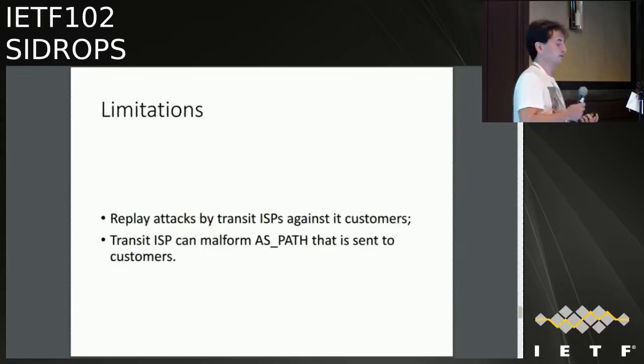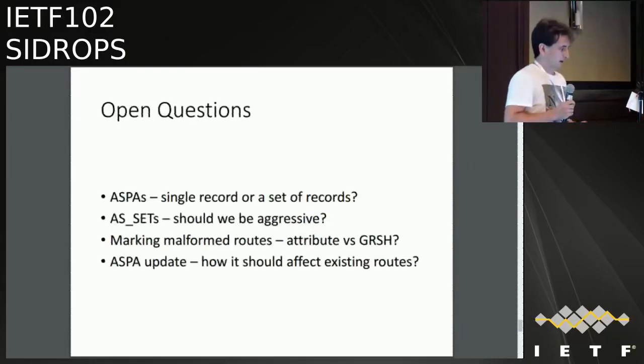Also, there are some structural limitations. There still could exist replay attacks. The provider can send malformed routes to its customers, because it can't be verified. But I don't think this is a showstopper here. There are still several open questions. The most critical one is about AS_SETs, and I'm speaking not about IRR objects.